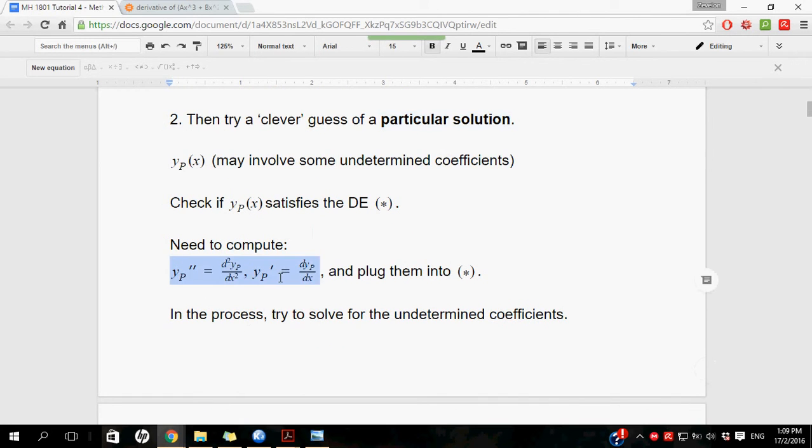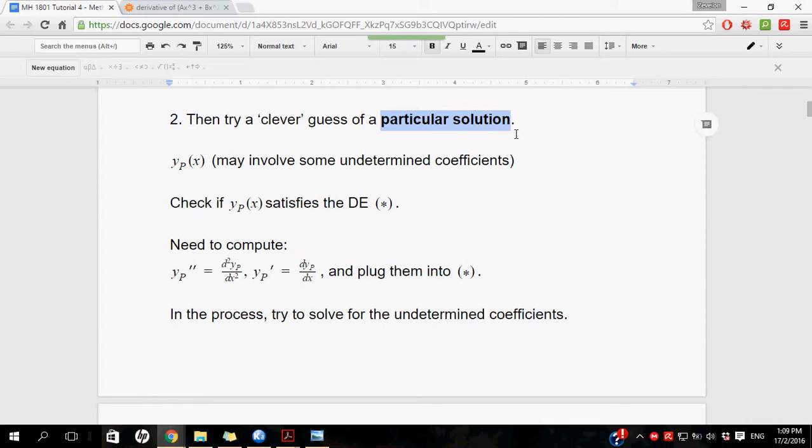So that is what we need. We have to compute the first order derivative and second order derivative of y_p and substitute them into our differential equation star. And in the process, we also need to try to solve for the undetermined coefficients, because that would help us to find out a particular solution.